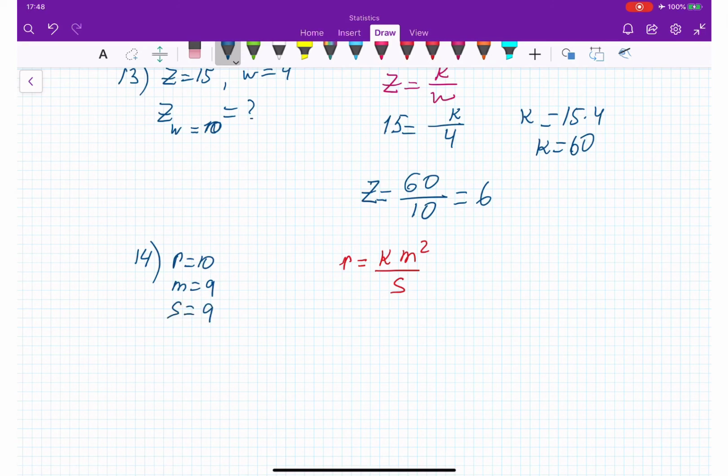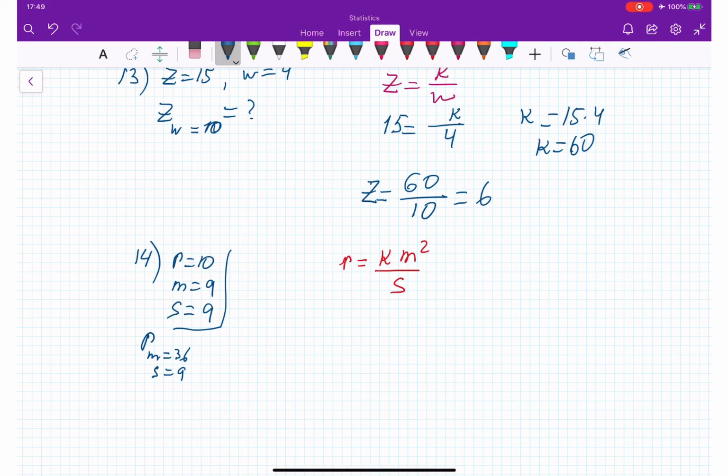The question is, find r when m is 36 and s is 9. In the formula we have r, we have m, we have s, so we can find k.